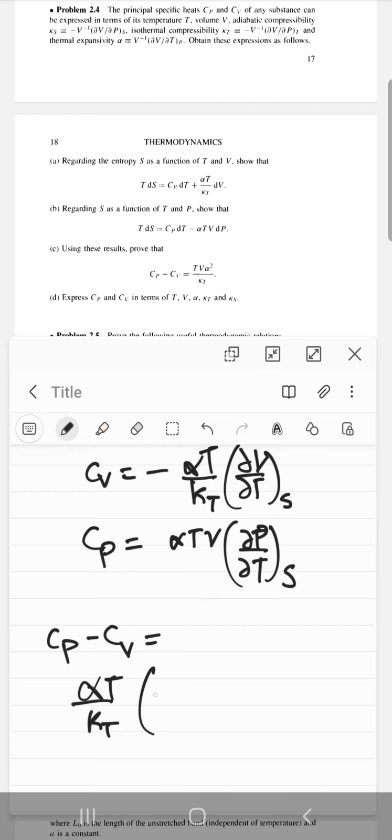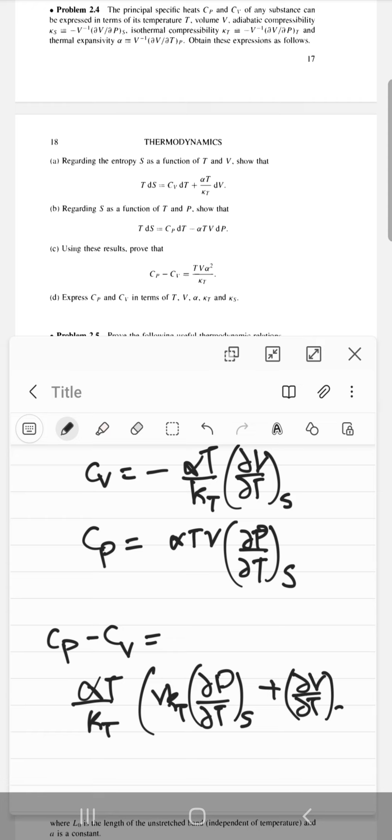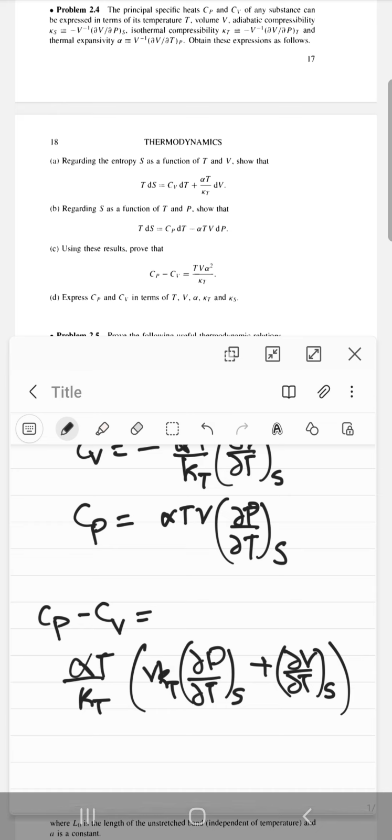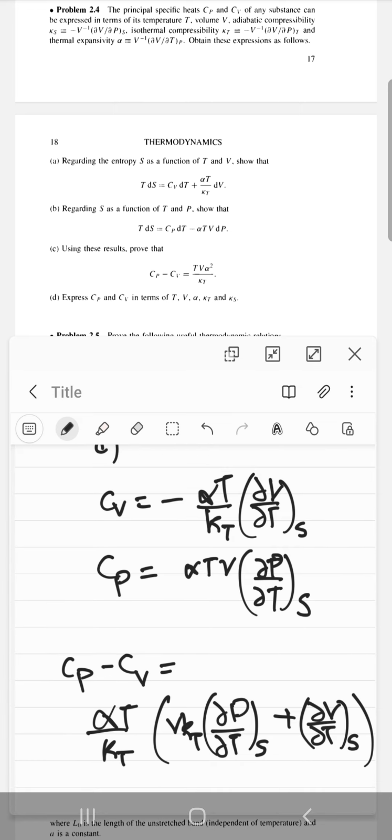So just V partial P by partial T at constant entropy, this times of Kt, and then plus, so alpha T is out upon Kt is out, so just this quantity partial V by partial T at constant entropy. Cool. Yeah, that's pretty much it. And you should also probably be taking alpha square out, and okay, I'm supposed to be having a V over there.